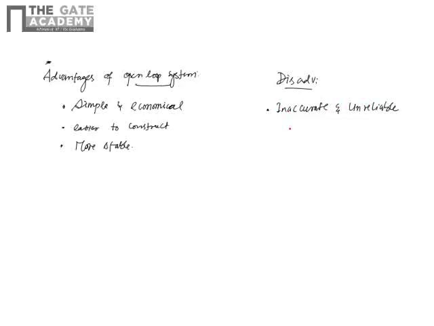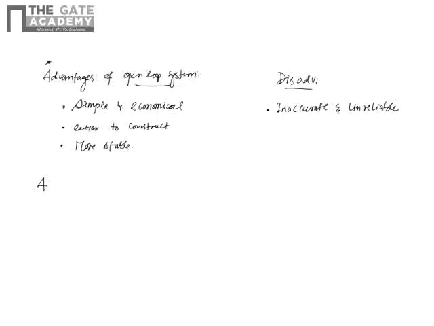It is inaccurate and unreliable. These are the main drawbacks of open loop systems.